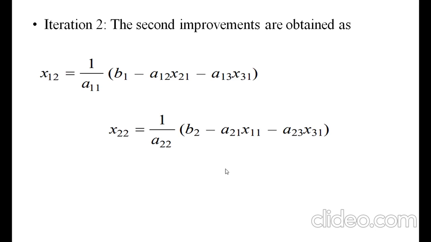Similarly, you can find the value of x3 2 as 1 upon a33 in bracket b3 minus a31 x1 1 minus a32 x2 1.